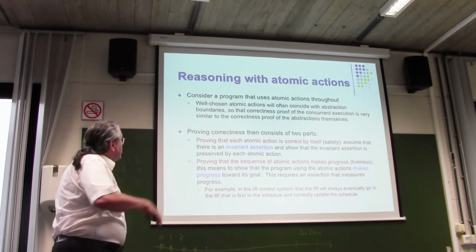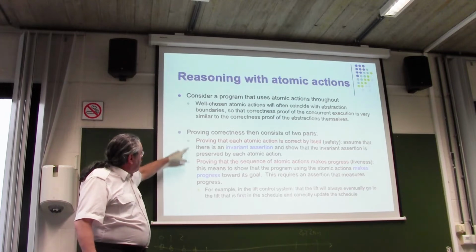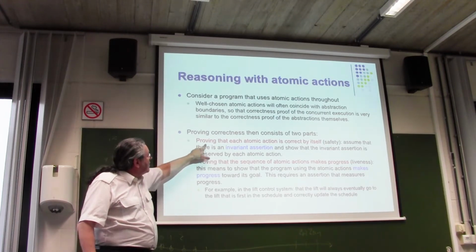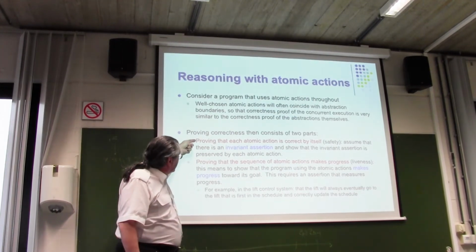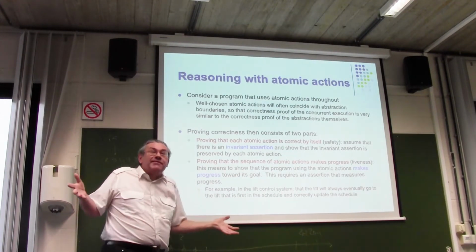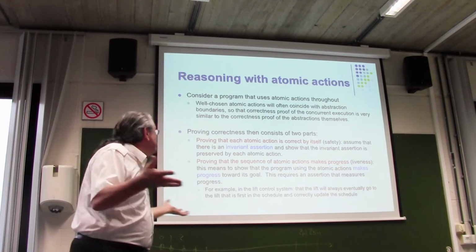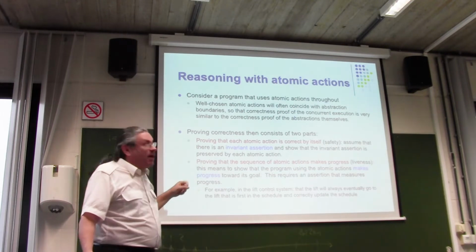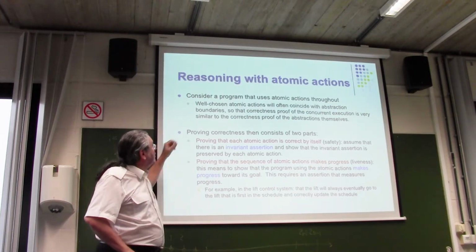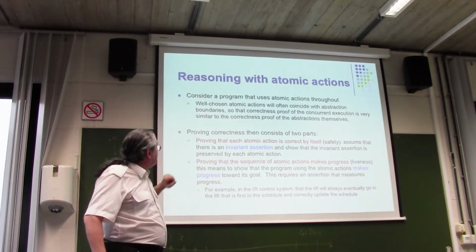Okay? So the proof is actually 2 parts. One is that the atomic action is correct by itself. So this is actually proving that the abstraction is correct. This you already know how to do, I hope. Maybe you have something called an invariant that you know that it's correct. It's preserved by an atomic action.